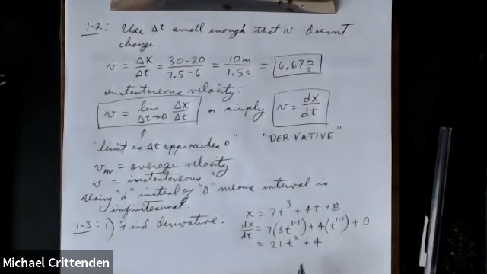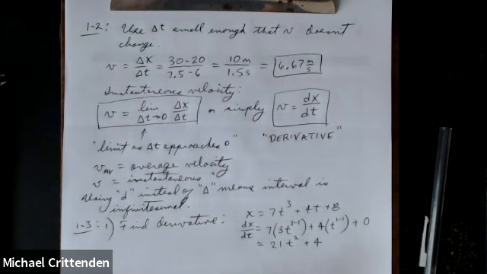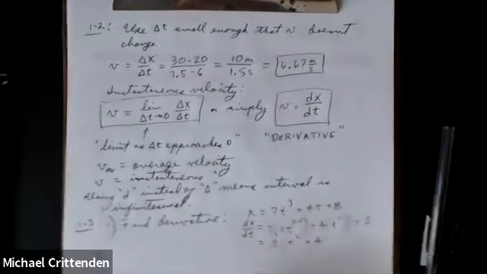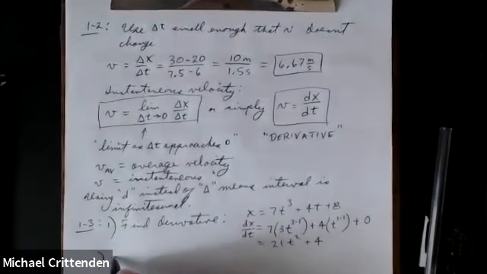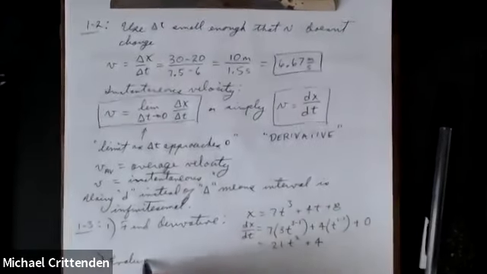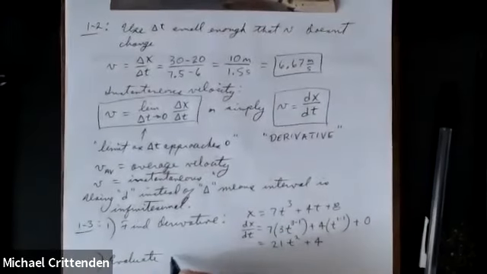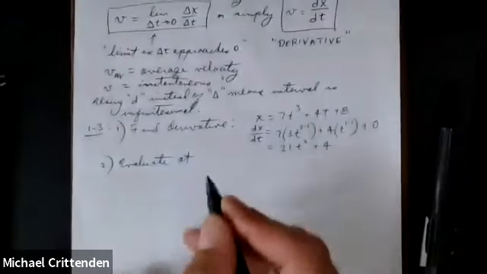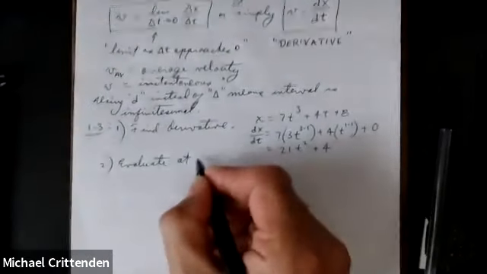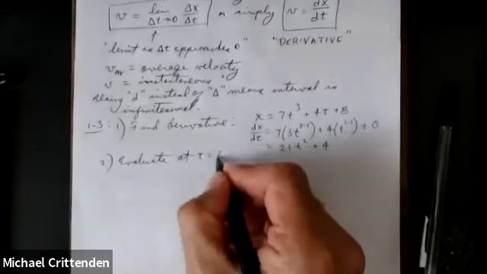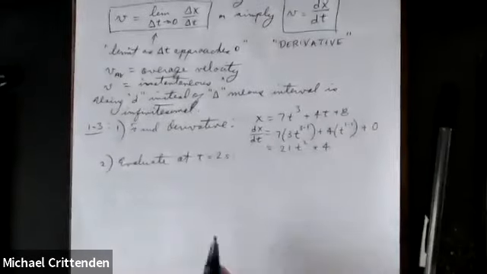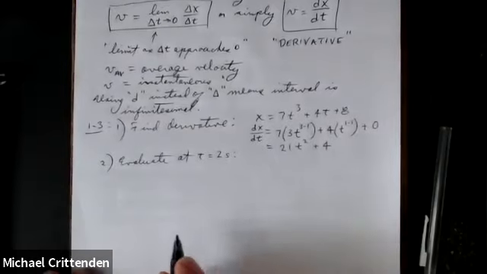To find the velocity at t equals 2, stick 2 in where the letter t is. So step 2 is to evaluate the derivative. Evaluate at t equals 2 seconds.